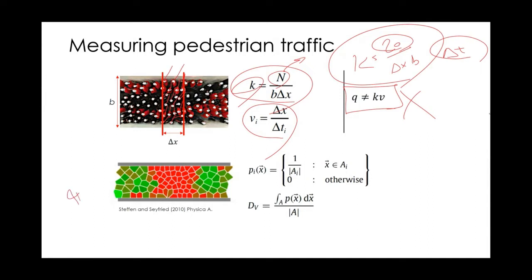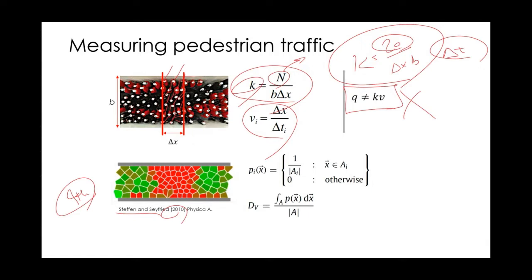There is a fourth method proposed by some of our colleagues in Germany, Steffen and Seyfried, published in 2010. They say, how about we look at each individual pedestrian and calculate some local measurements around each pedestrian.